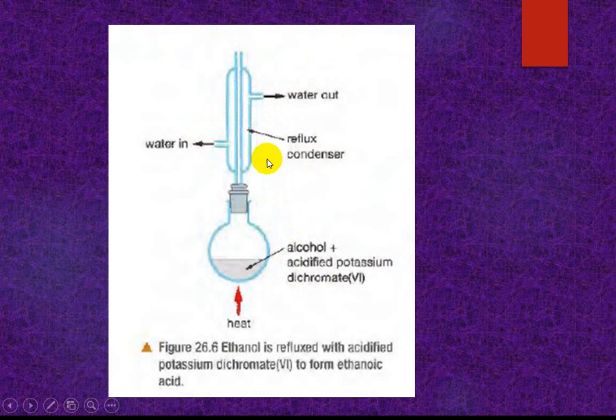During the reaction, some alcohol could be lost because it is volatile. But when it becomes gaseous, it cools in the condenser, becomes liquid, and returns to the reaction mixture. For this reason we do reflux, with water in and out here.